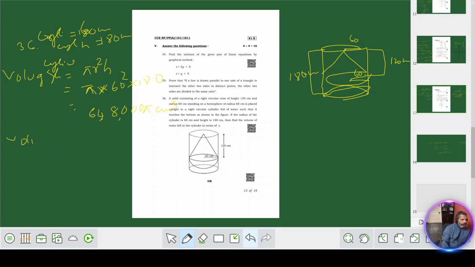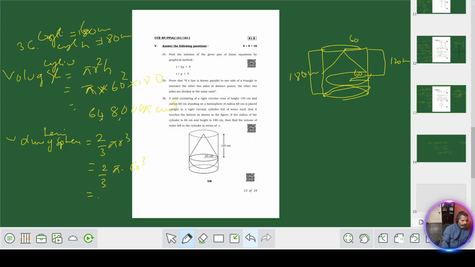Then volume of hemisphere. Volume of hemisphere is 2 by 3 pi r cube. So 2 by 3 pi. What is the radius of this hemisphere? 60 cube.